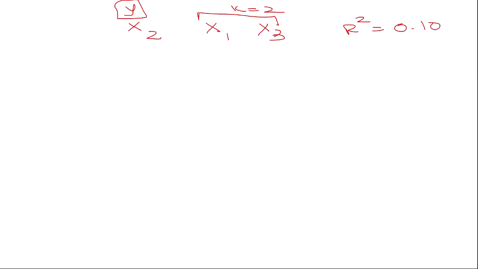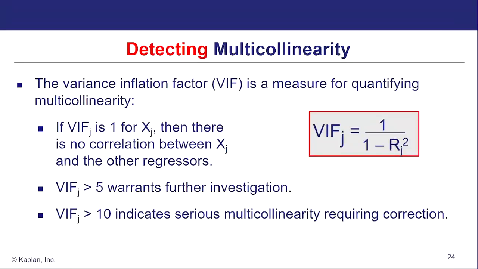Now notice, x1 and x3 collectively is explaining 10% of variation in x2. The higher the R square, the higher the implicit relationship between x2 and the other two variables. These are all independent variables, so you want low R square. Coming back, for variable j, I take 1 divided by 1 minus R square, where that variable j is the dependent variable, the y variable.